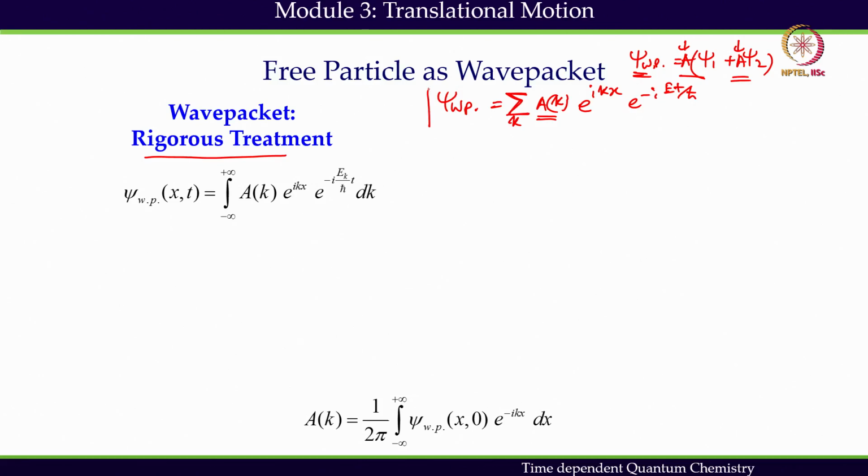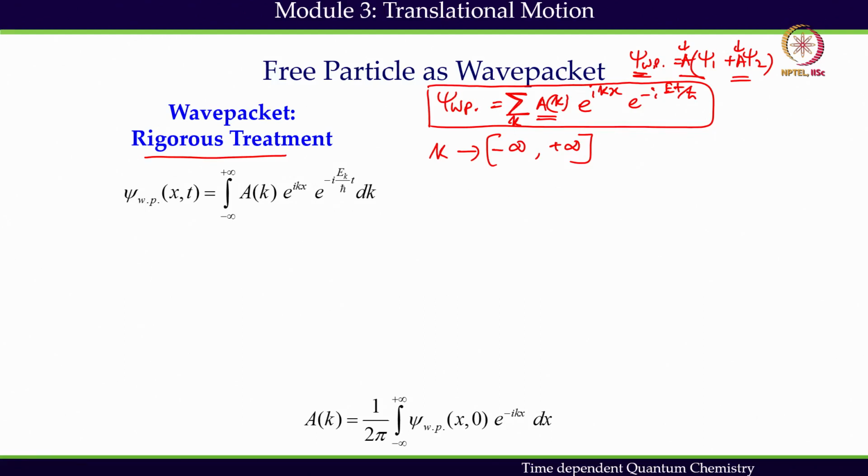That can be the more mathematically correct representation of the wave packet. Because k may adopt any value from minus infinity to plus infinity, and it can vary continuously, because a free particle can have any kinetic energy.